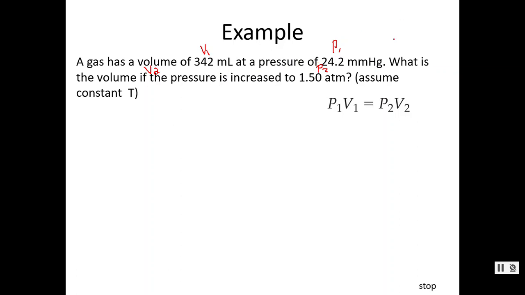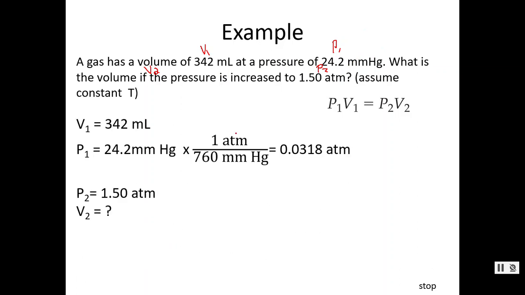It really doesn't matter which unit you convert as long as they are both in the same pressure unit. So I went ahead and converted my pressure from millimeters of mercury to atmospheres, because that's a unit of pressure we're going to need to use with the ideal gas law that we'll talk about in another video.